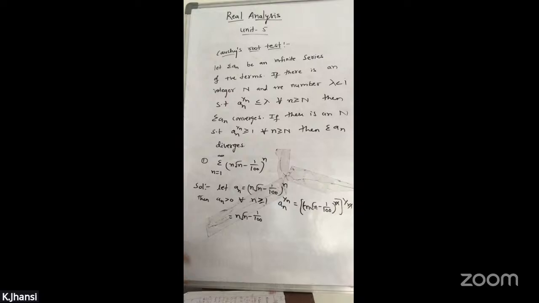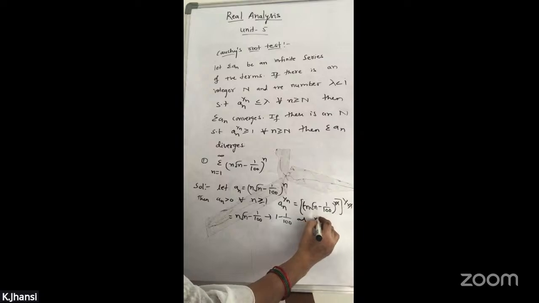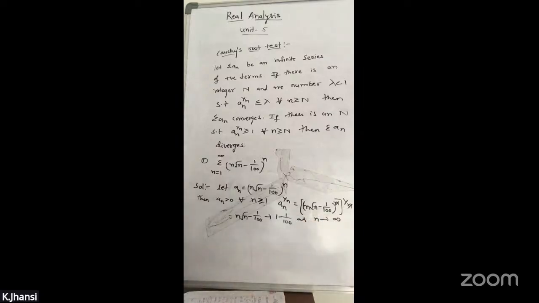This value is less than lambda, so summation an is convergent. So n root n minus 1 by 100 tends to 1 minus 1 by 100 as n tends to infinity.